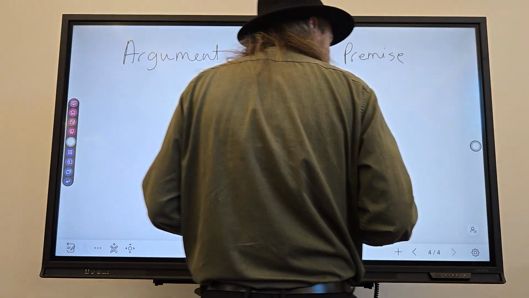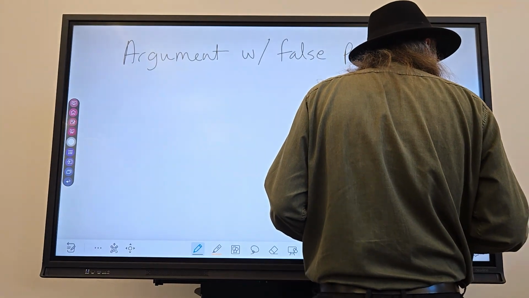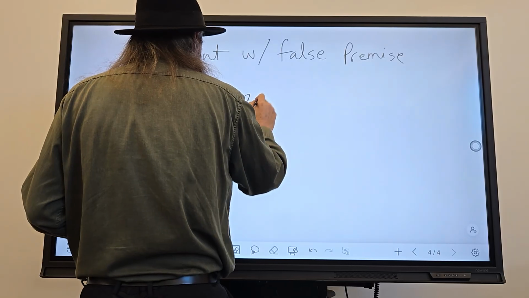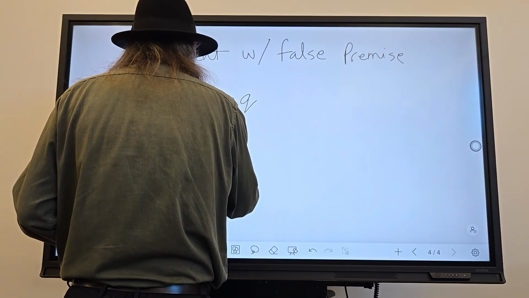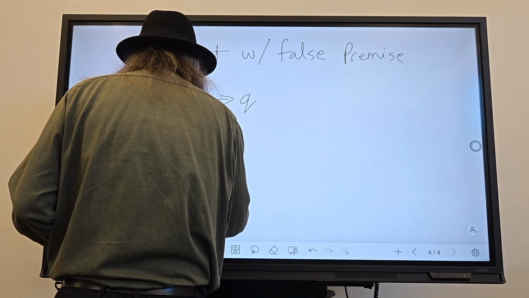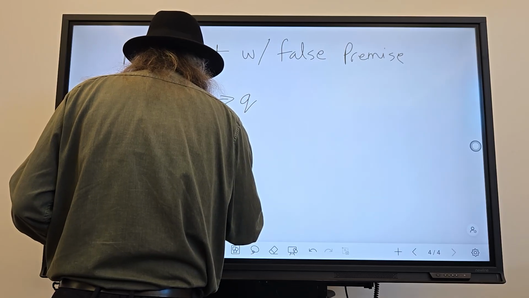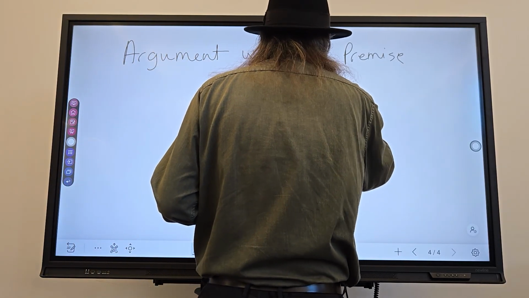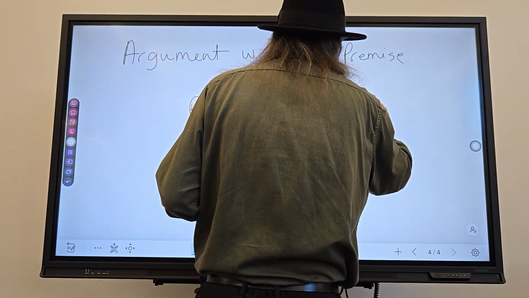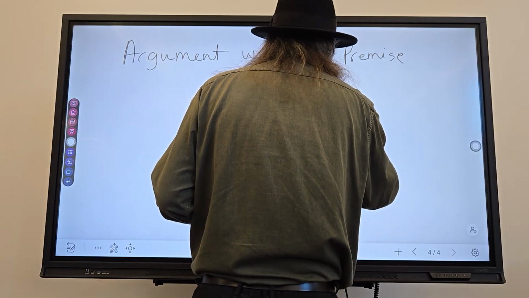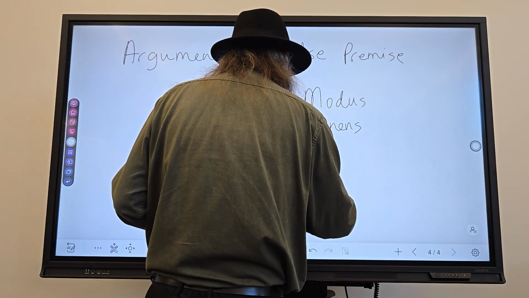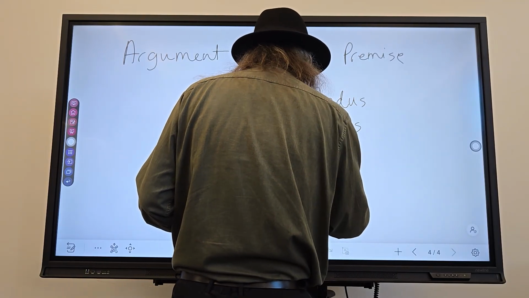That is the form: if P then Q, P, therefore Q, which is modus ponens, again. It's a valid form. Oh, oops.